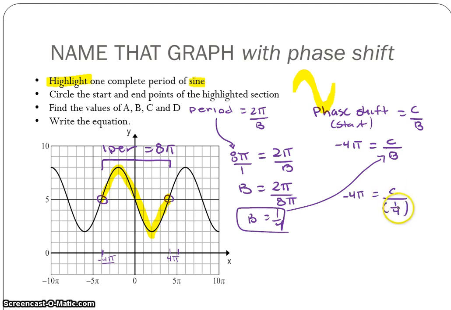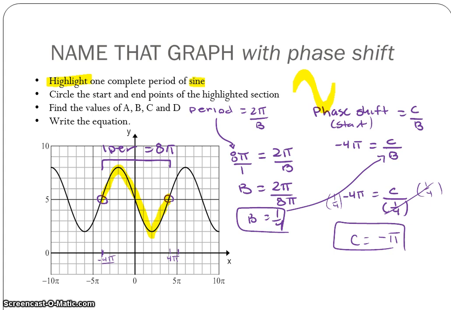So c over 1/4, I can multiply both sides of my equation by 1/4 so that they cancel on that side, and I have 1/4 here. So I get c is minus pi. Okay, so I found my c and my b, and now I have to find an a and a d.